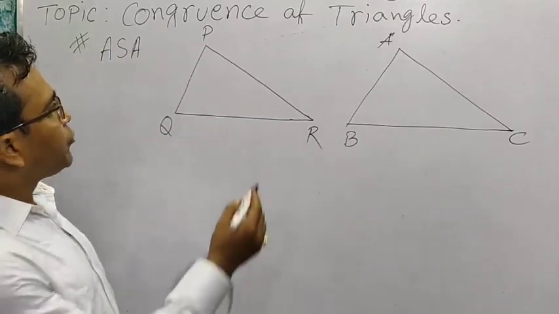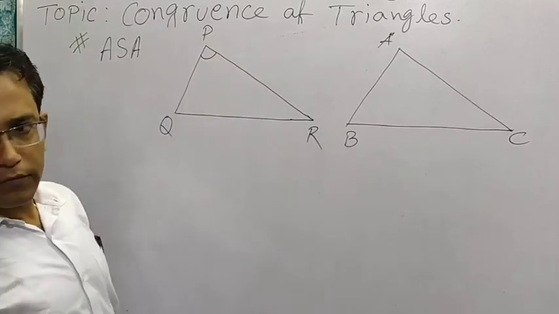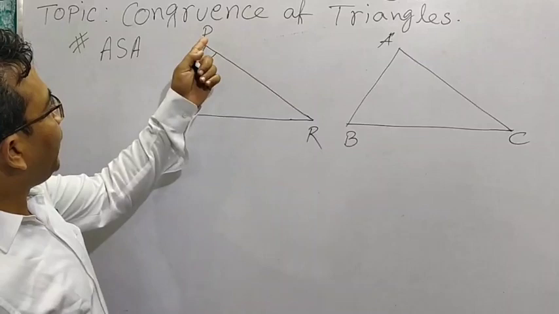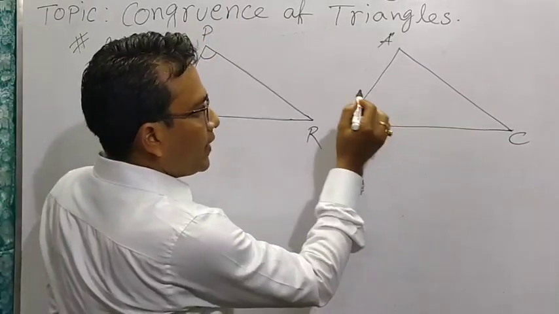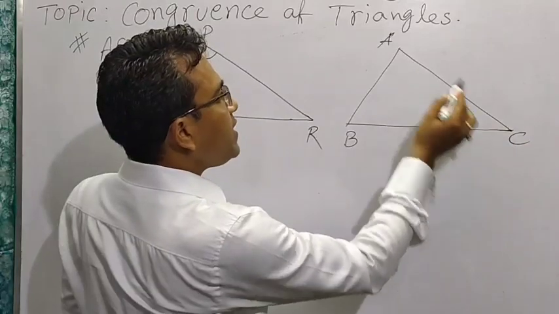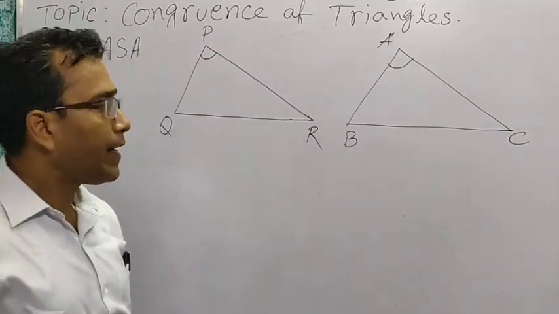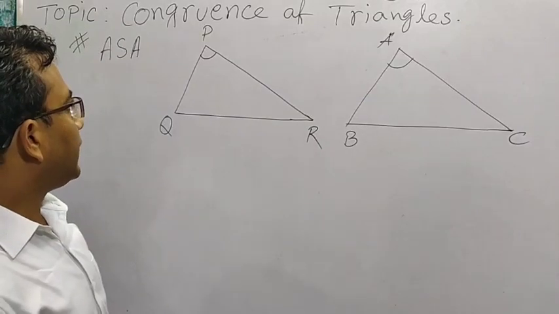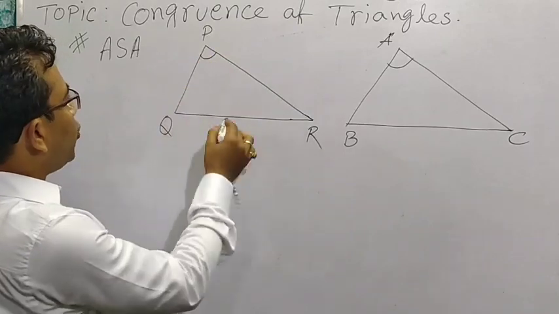Here I am showing, say, angle RPQ, and in this triangle angle CAB. Another angle, here I am telling PQR.